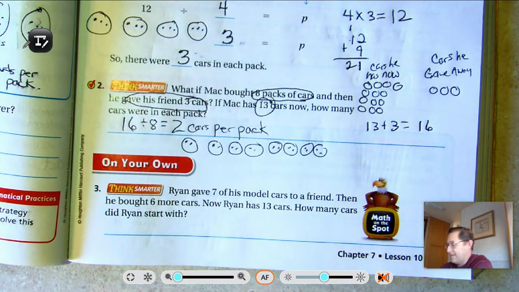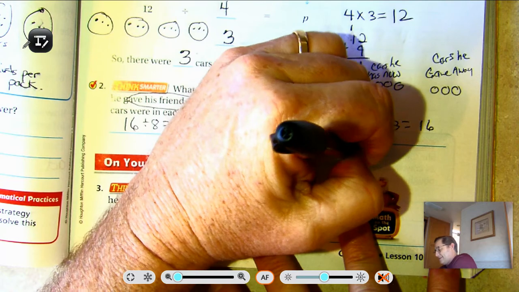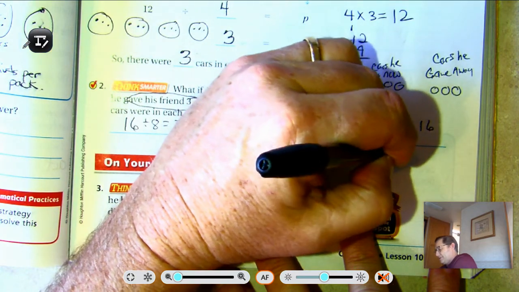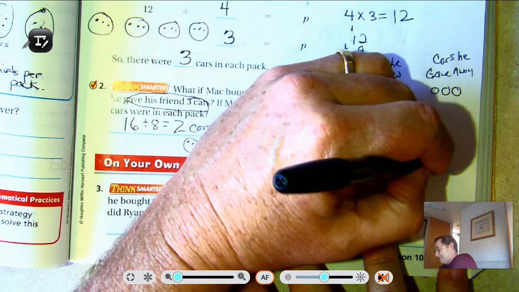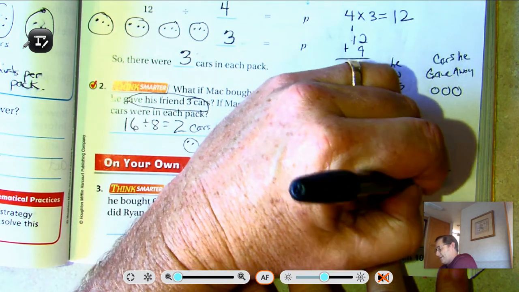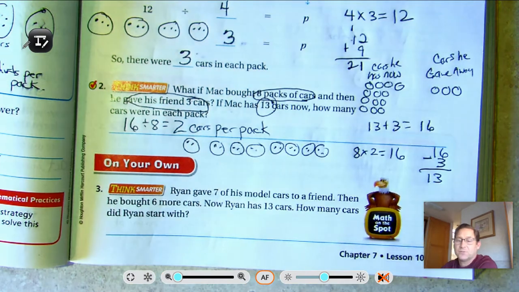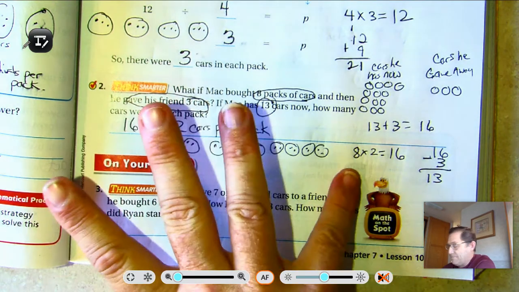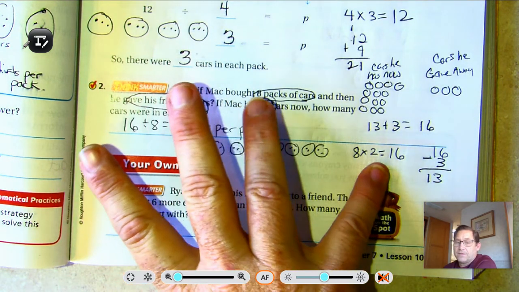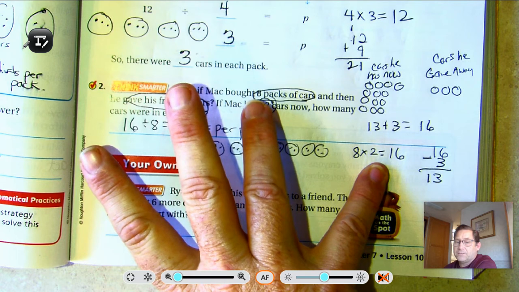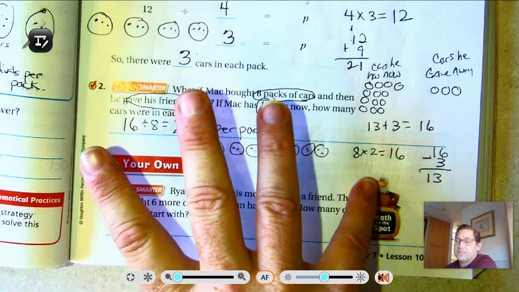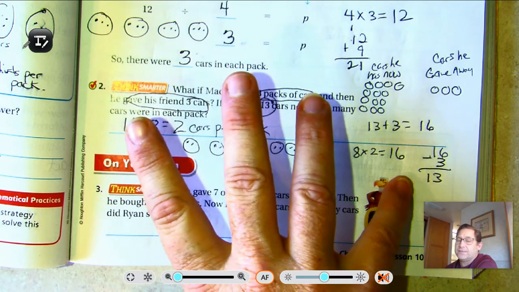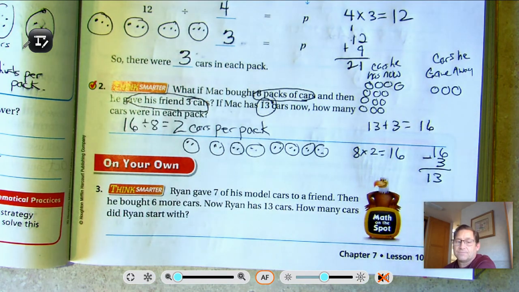Okay, does that make sense? 8 times 2 is 16. 16 minus 3 is 13. So that does work. So we had 8 packs. Each pack has 2 cars for a total of 16. Of the 16 cars he bought, he gave away 3. So now he has 13.